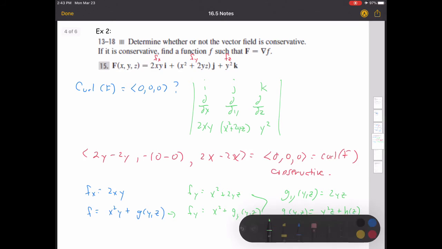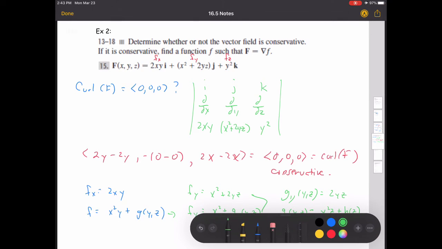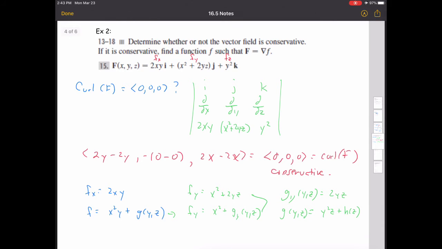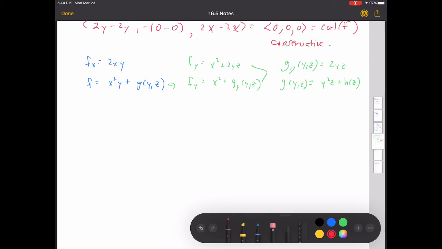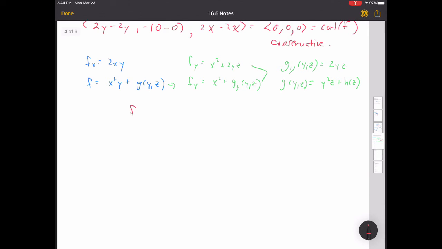Okay, now let's go to red for this one. Now we'll bring the z component into this so we can find the h of z. What I first have to do is plug what we just found back in for g from here.